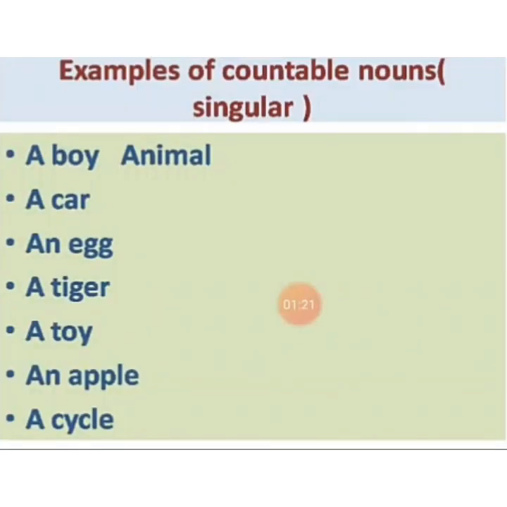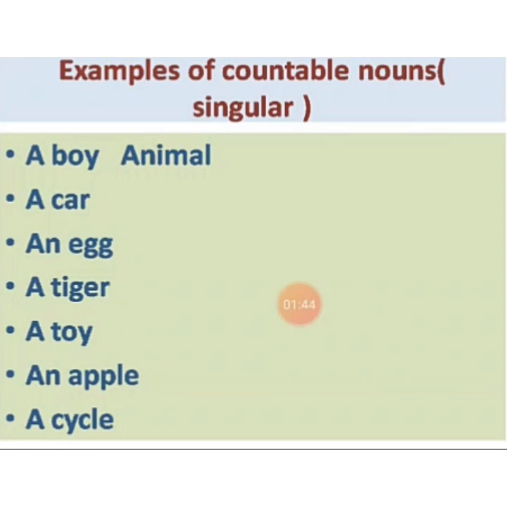Examples of countable nouns are a boy, a car, an egg, a tiger, a toy, an aeroplane, a cycle. An animal can also be counted.